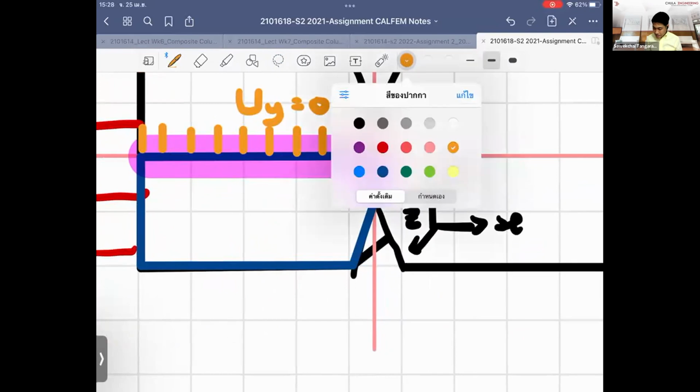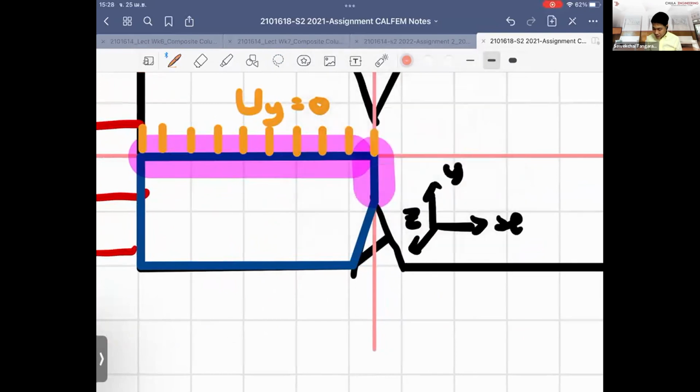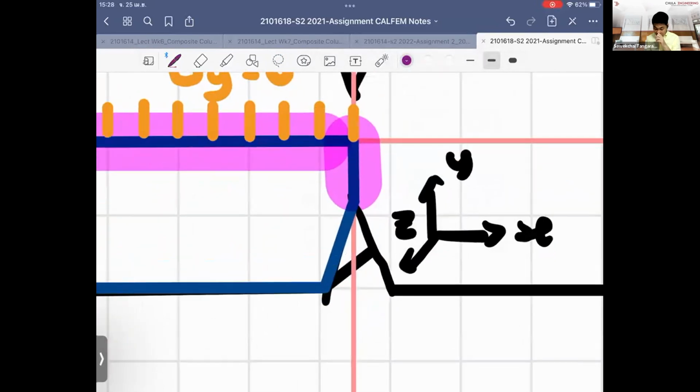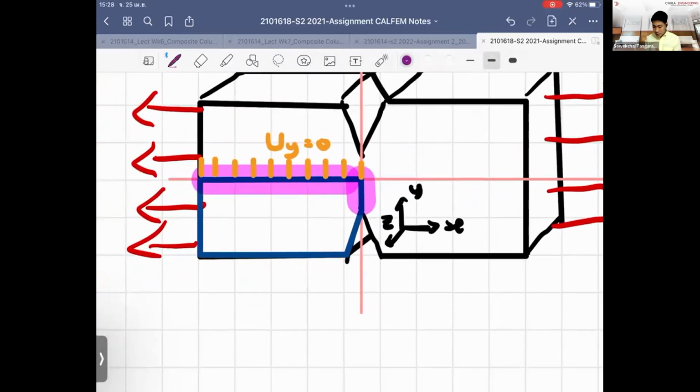On the other side, it also comes with another boundary condition, where it is sharing a mirror image about the y-axis.